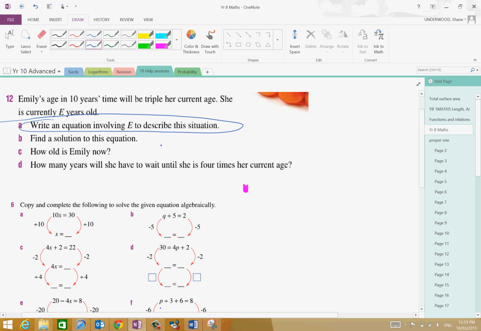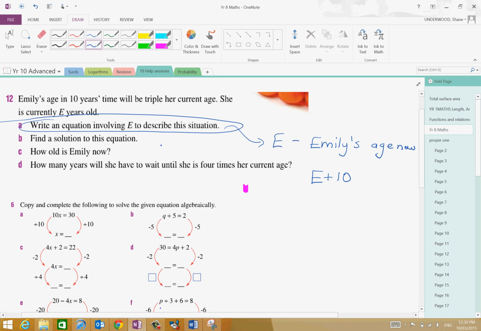Okay, so first of all, we're going to define what the variable is. The variable E is what? Emily's age now, because we need to know what it is. So Emily's age in 10 years will be triple her current age.